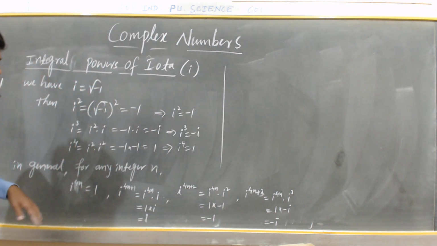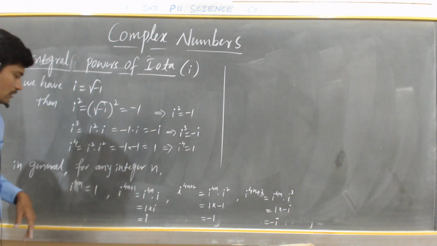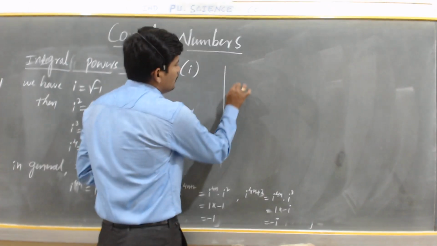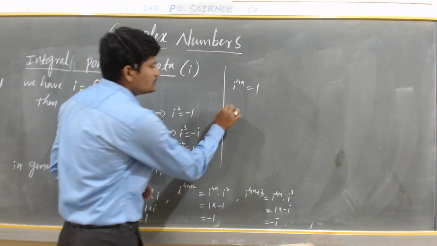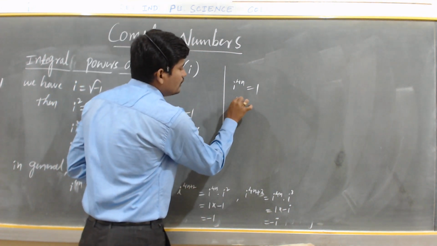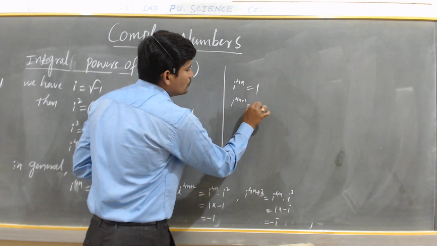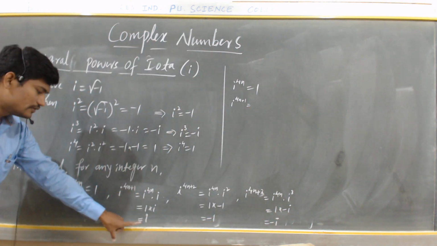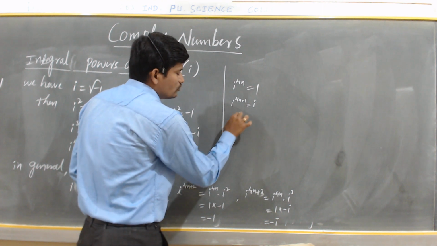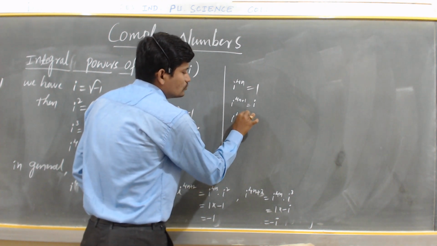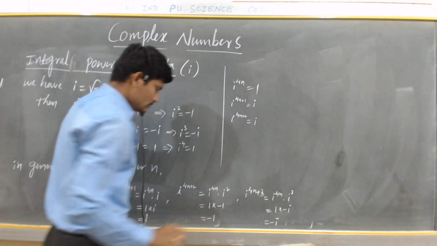If you want, you can write it separately one more time. How? I to the power of 4n equal to 1. Next, I to the power of 4n plus 1 equal to, see, check it, what is the value? I. Next, I to the power of 4n plus 2 equal to minus 1.